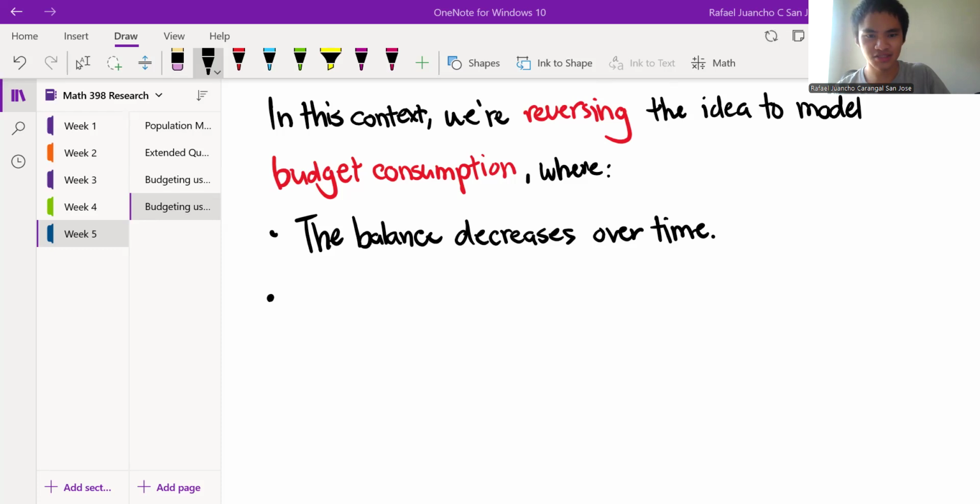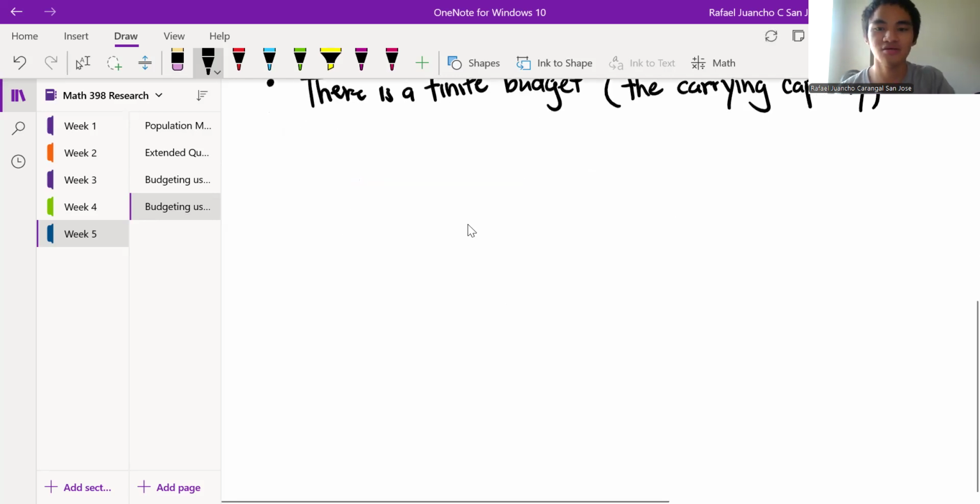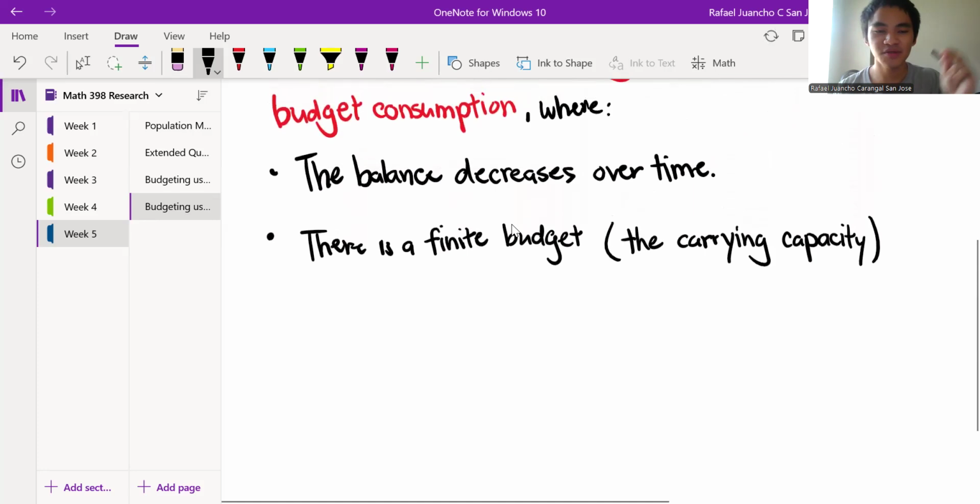Okay, what else are the assumptions? There's a finite budget. In math, there's the concept of infinity and infinite. Here, there's the finite budget, or what we call the carrying capacity. This will tell me, here's my budget for the day, here's my budget for the day.